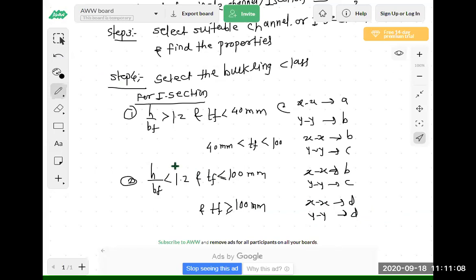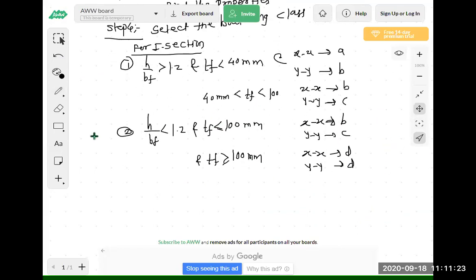So this is the selection of buckling class using the conditions that we have seen in the last two problems. Okay, so this is related to I section, and now for channel section, because we are using channel or I section for the built-up column only, which buckling class is there? Please go to page number 44 and see.